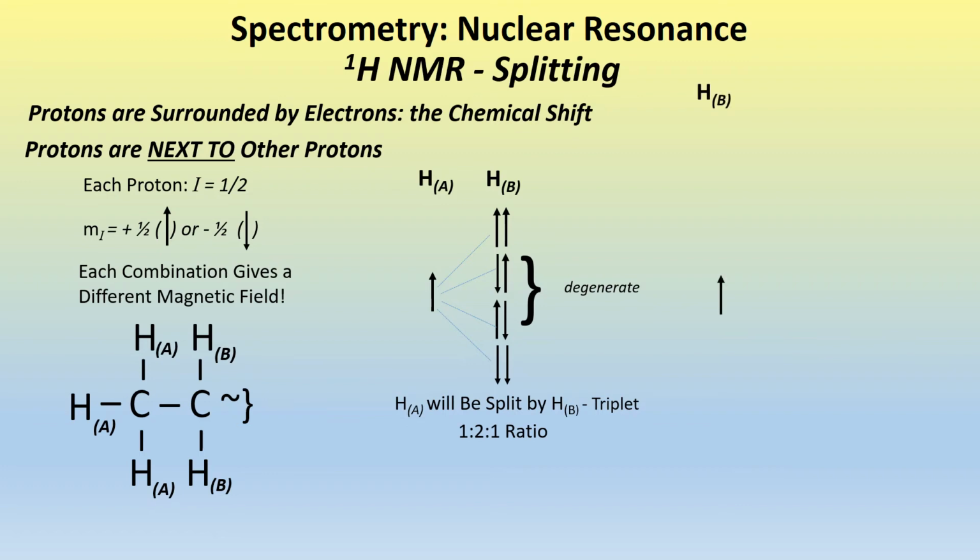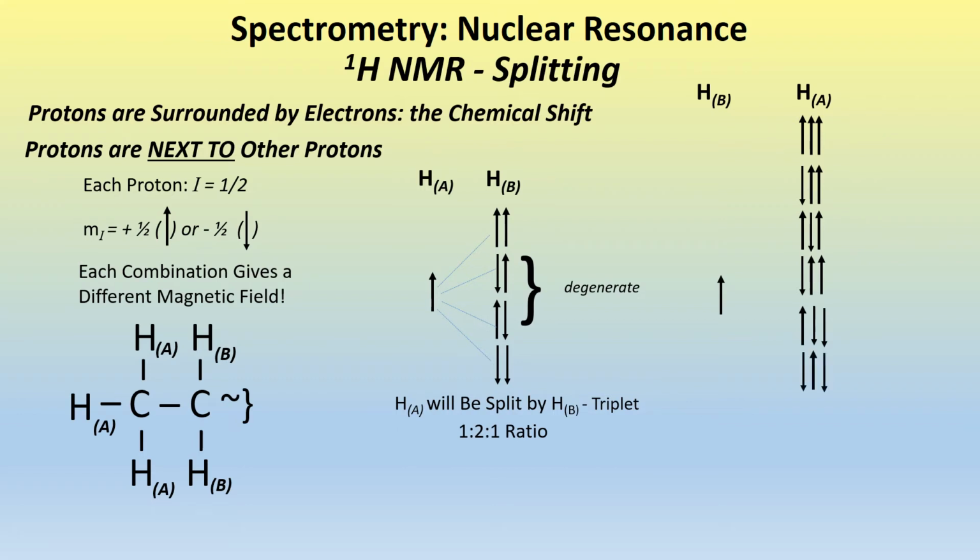The situation faced by hydrogen B, being next to 3 hydrogen A's, is even more complex. Those 3 hydrogens at any given time could all be spinning up. There are 3 ways they could be spinning 1 down and 2 up that are degenerate. There are also 3 ways they could be spinning 1 up and 2 down that are energetically degenerate.